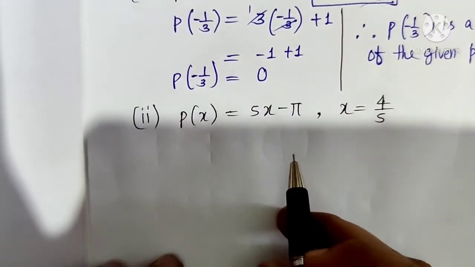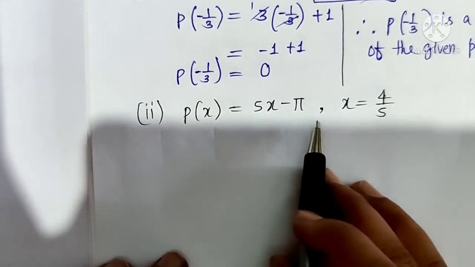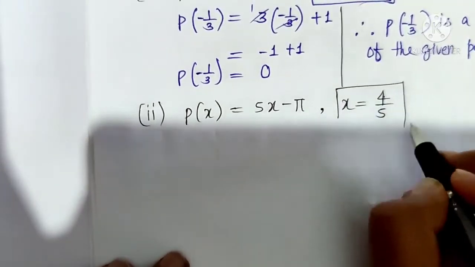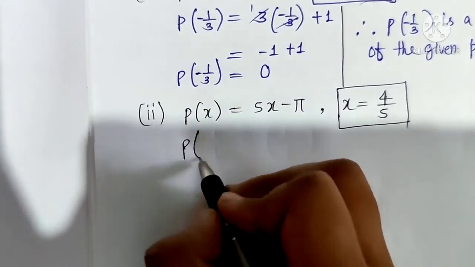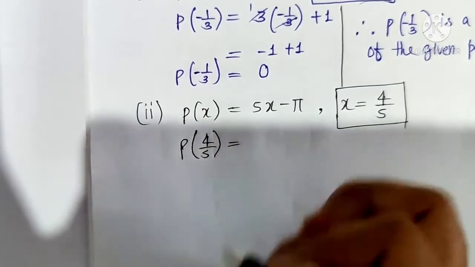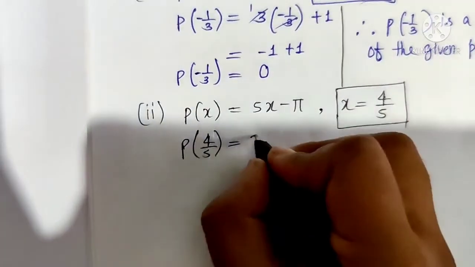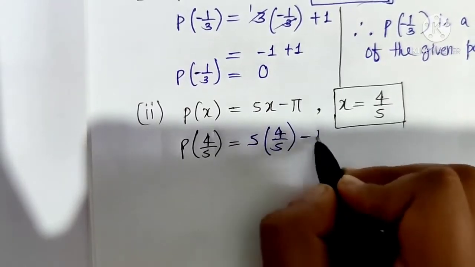So now in the second part, they have given p(x) equals 5x minus pi. This is the equation, and here the x value is given, how much? 4 upon 5. So wherever there is x, we will write 4 upon 5 in place of x. Now 5x, so 5 multiplied by x means 4 upon 5, minus pi.